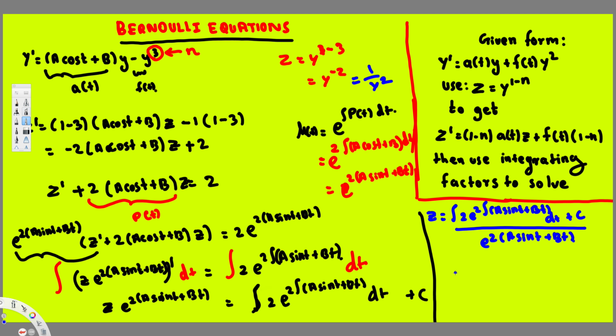Instead of writing like that, we can write y square is equal to this one on top, e square times a sin t plus bt on top, and in the denominator we are going to have the integration of... Okay, here this integration sign shouldn't be there, because we integrated that one already.